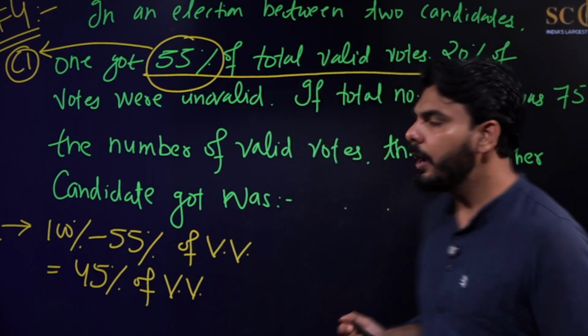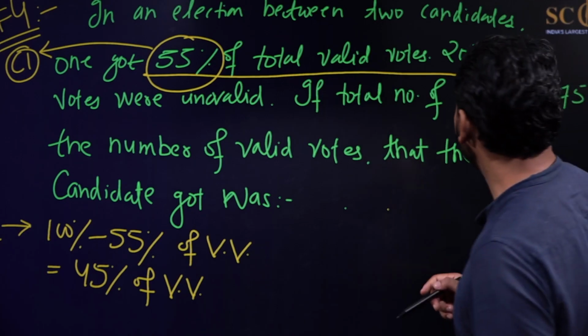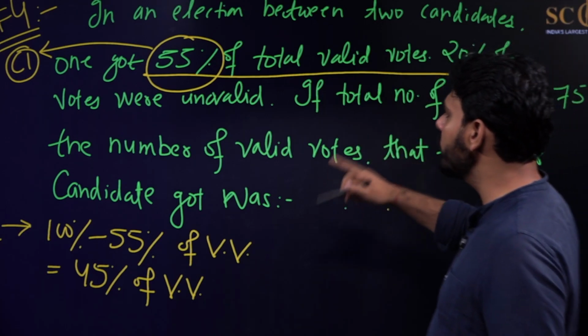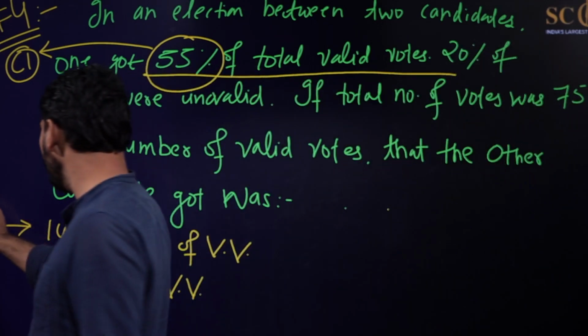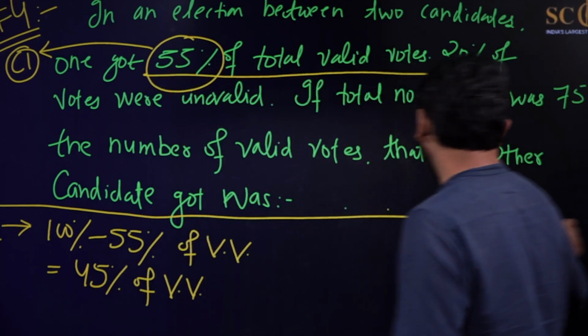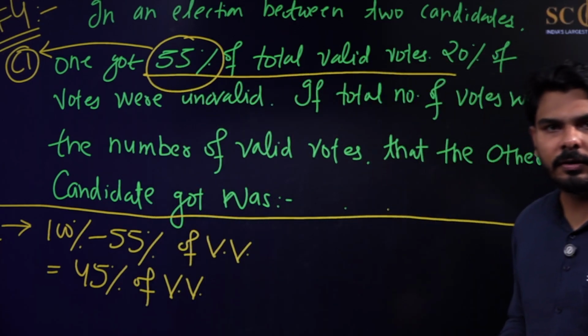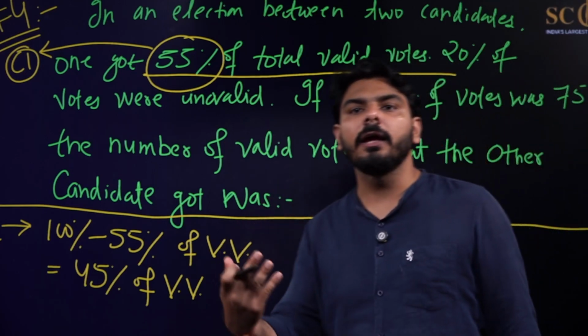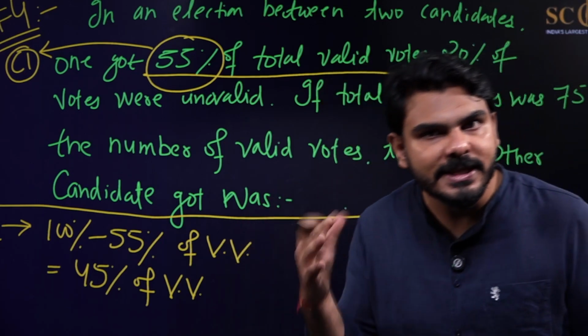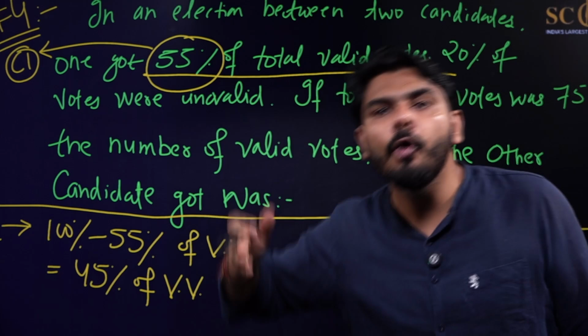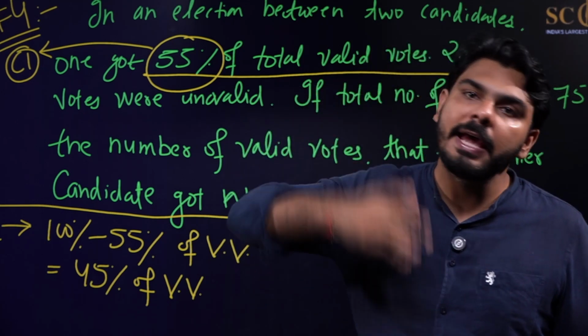Now the other part of the question is saying that 20% of the votes were invalid. It means how many votes are valid votes? If 20% votes are invalid, then how many votes are left which are valid?